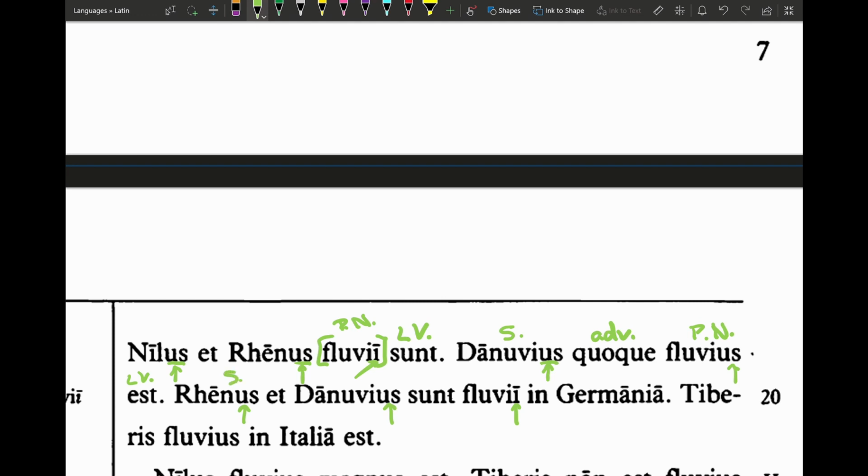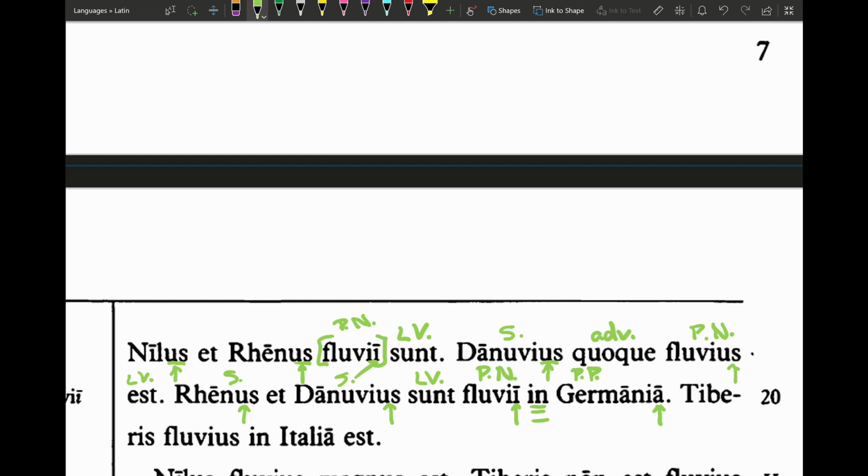Our subjects are Rhenos and Danuvios. Sunt is our linking verb. It too is plural because it has to agree with the number of subjects. And then we have in Germania. Notice here we have the preposition in. The word after it is in the ablative case, making that our ablative of place where. So it says the Rhine and the Danube are rivers in Germany.